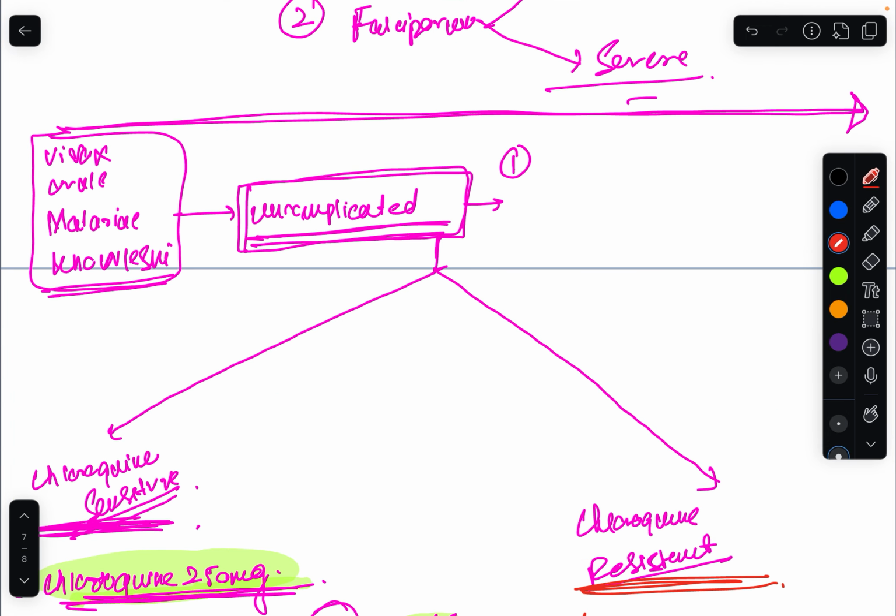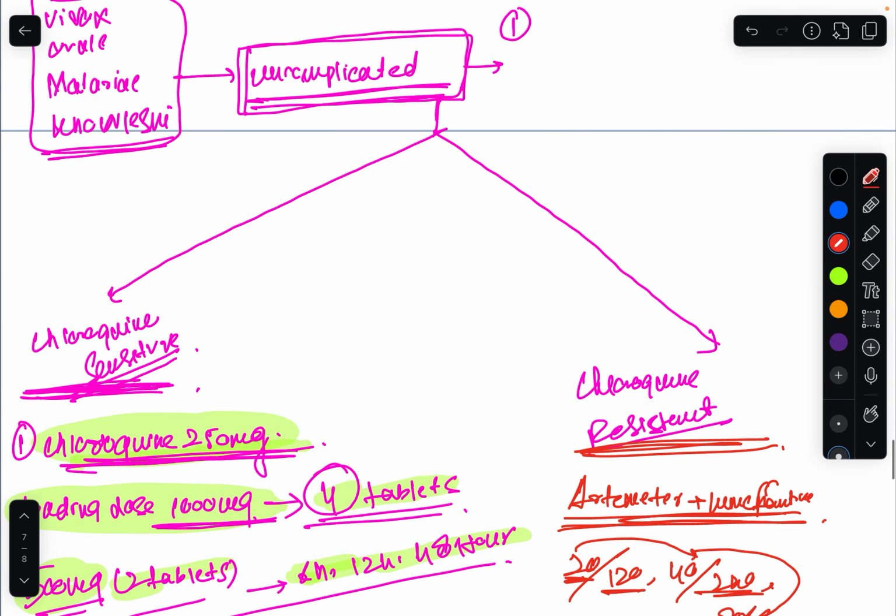Remember, let me summarize. We have performed tests and we come to know that the malaria is due to one of these, vivax, ovale, malariae or knowlesi. Then it means it's uncomplicated malaria, because they cannot cause complicated or severe malaria. Plus there are no features of severe malaria, which we have discussed before.